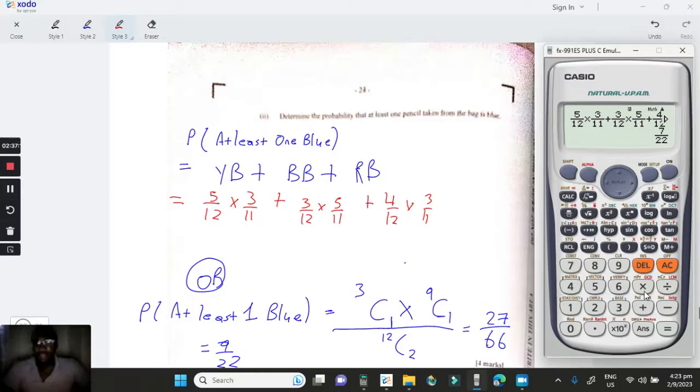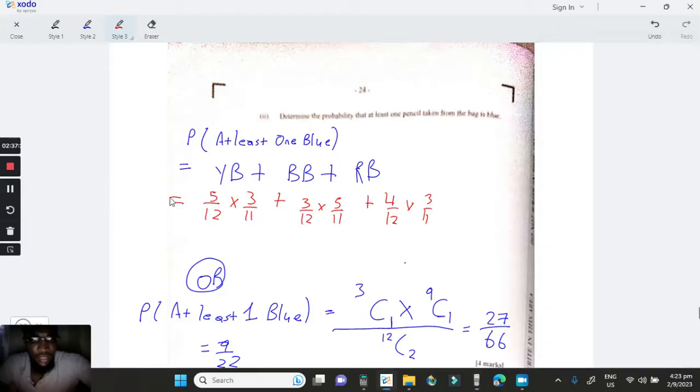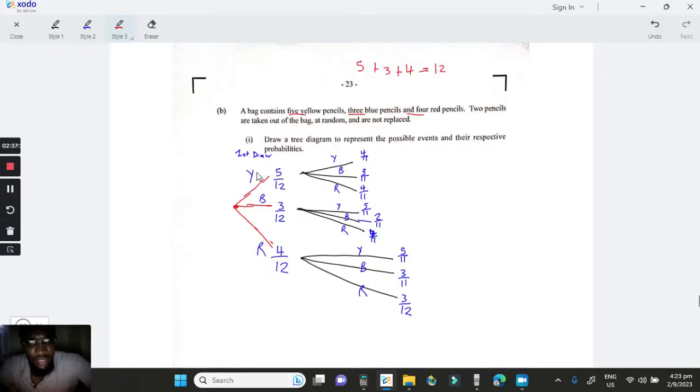I want to make sure everything was in place. We got a yellow first. Just want to make sure it's correct. Yellow first, 5 over 12. Yellow, then blue. If we got a blue first, 3 over 12. Then blue next, 2 over 11.